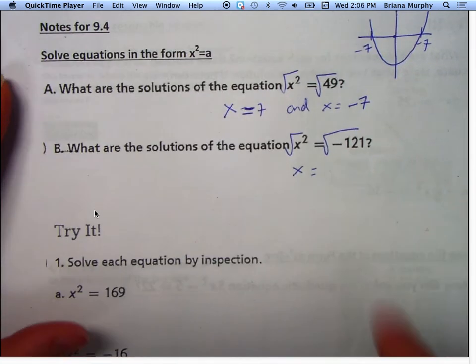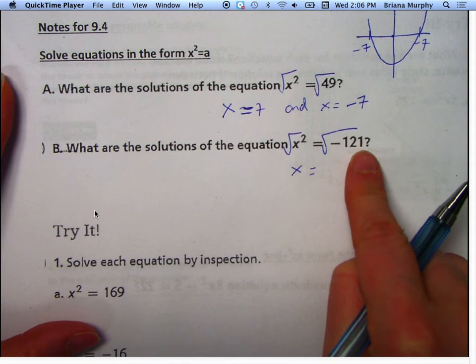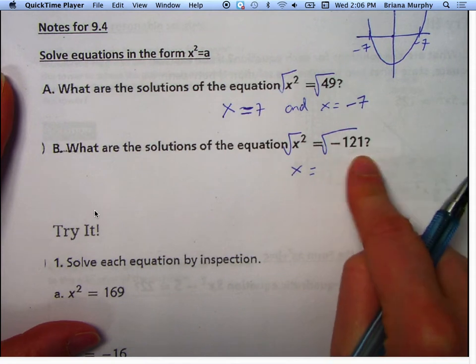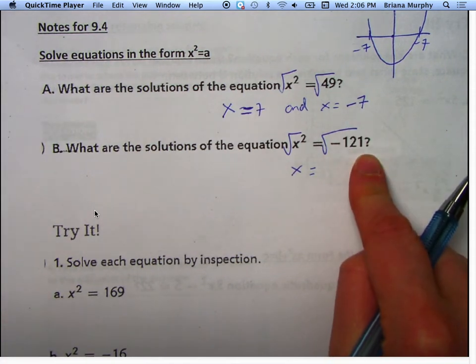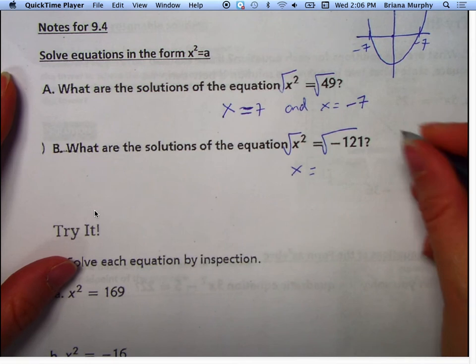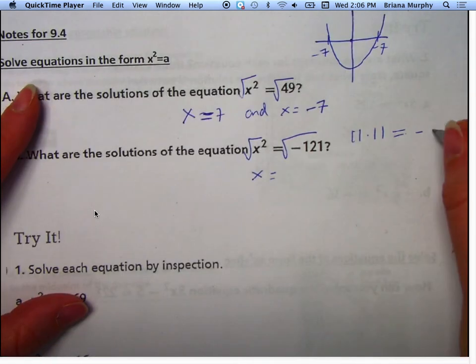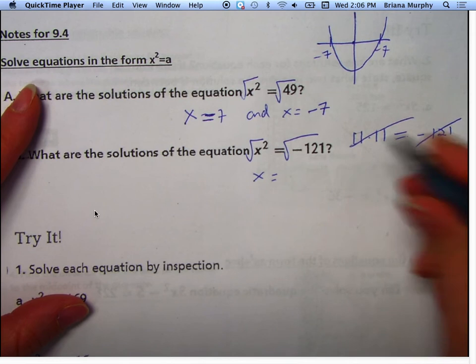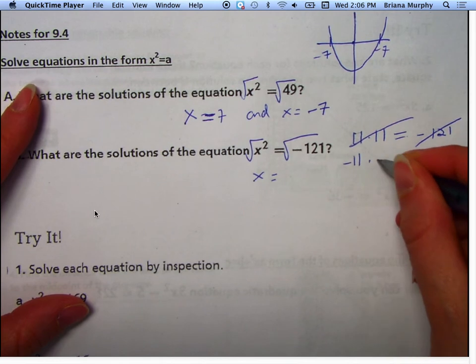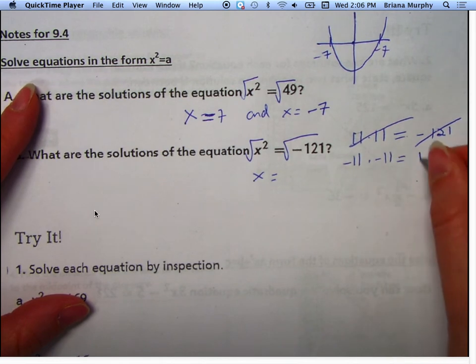Okay, this one, when we square root a negative number, so the square root of 121, Caleb, is what again? 11. But 11 times 11, does that equal negative 121? No. Okay, let's try negative 11. Negative 11 times negative 11 equals 121.